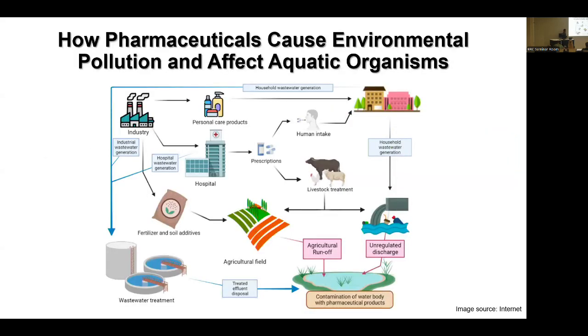Now let's have a look. This diagram represents how pharmaceuticals enter through multiple steps and finally mix into our marine environment. As we can see, industry produces personal care products and pharmaceuticals, which go to hospitals, clinics, and diagnostic centers, and people take these medicines, as do veterinary animals.